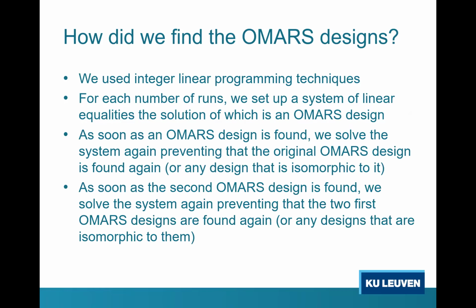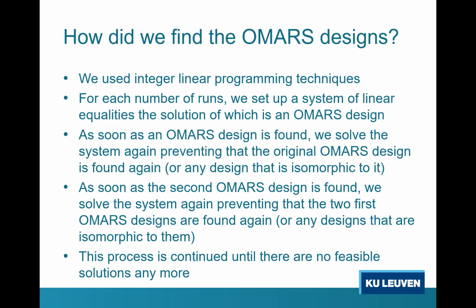Every time we found a new OMARS design for a particular number of tests. And at some point, your solver reports that there is no more feasible solution. And then you know that you've found all the different OMARS designs that exist for a particular number of tests and a particular number of factors.